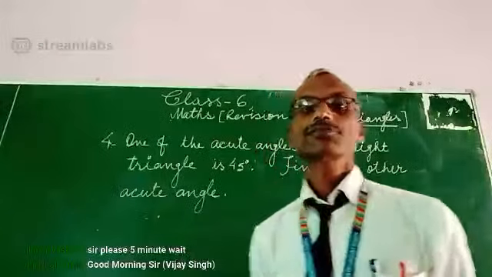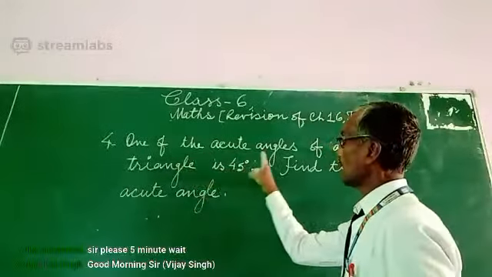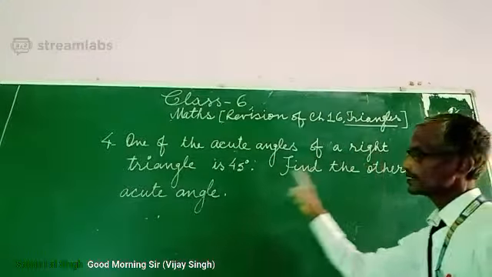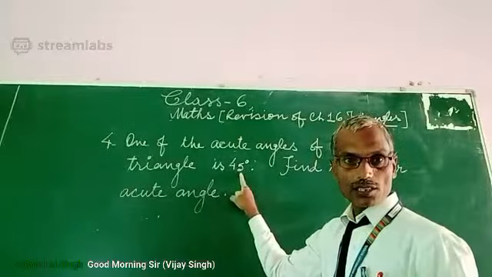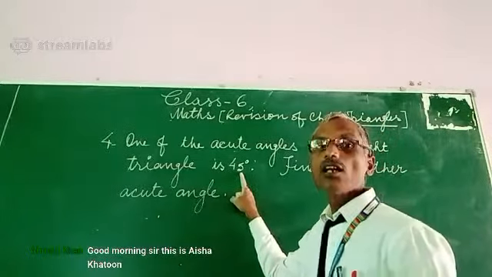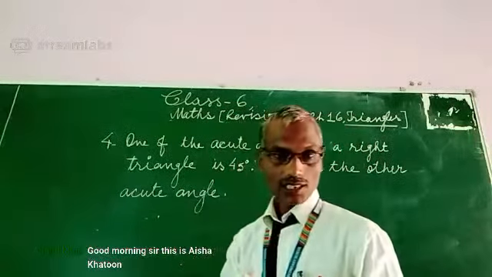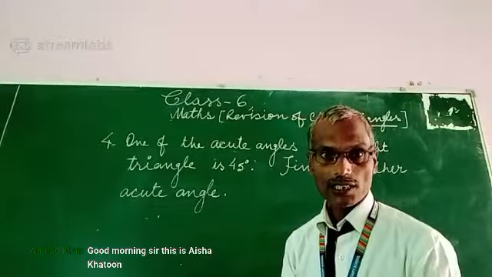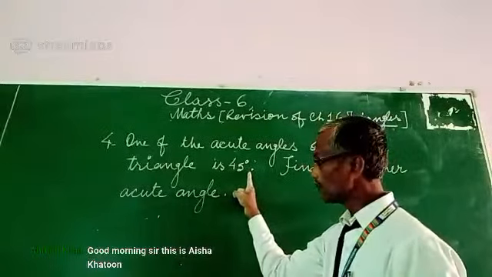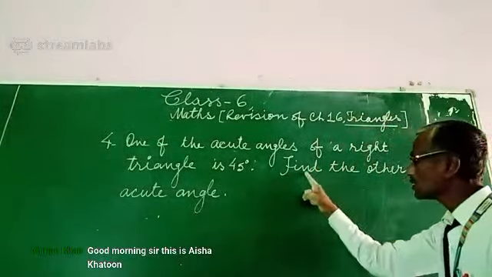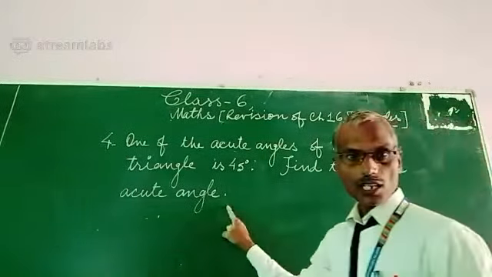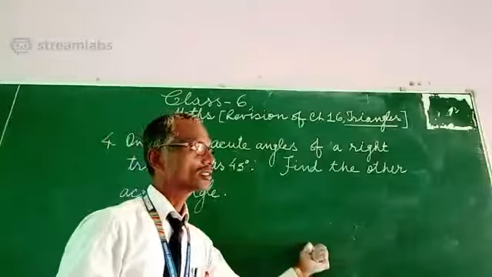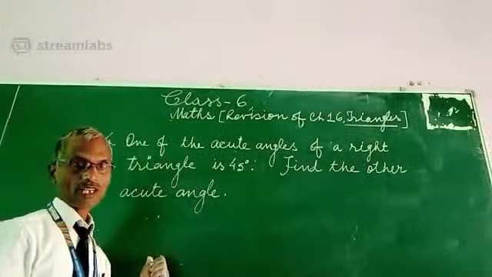So please solve, students. We know that in a right angle triangle there are two acute angles, and one acute angle is 45 degrees. Then can you tell me the measure? Please solve and write the answer. I am waiting for your response. Are you able to solve?